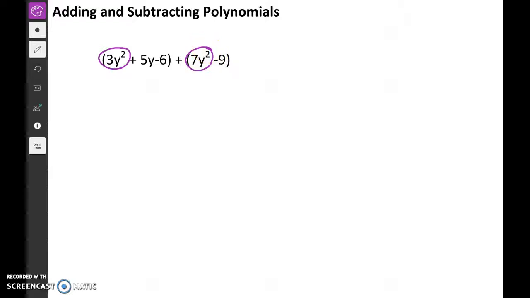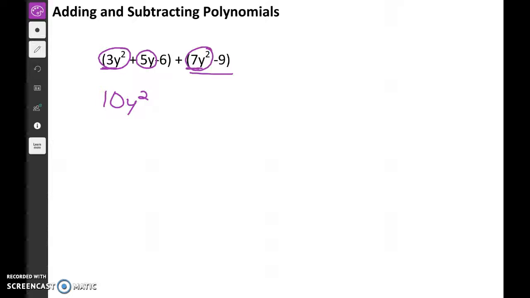Yes. So to combine those, all I need to do is add the coefficients. So 3 plus 7 is going to be 10y squared. Next, I would add my y's. Here I have a 5y. Do I have a 5y on this side?